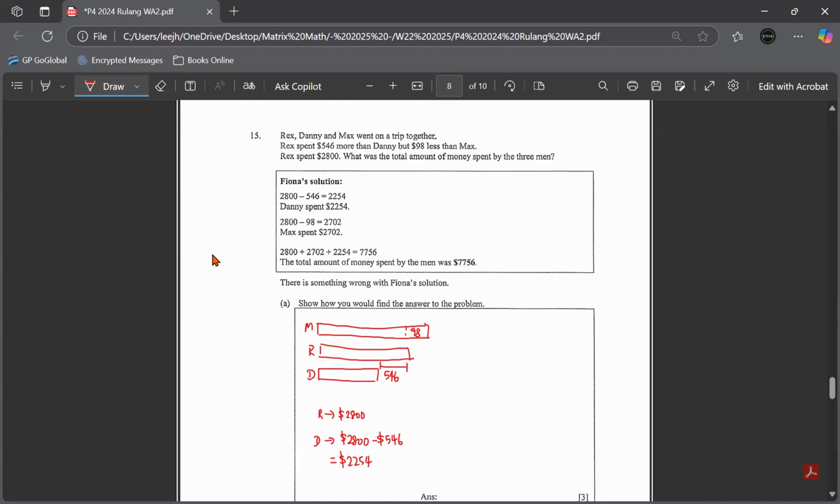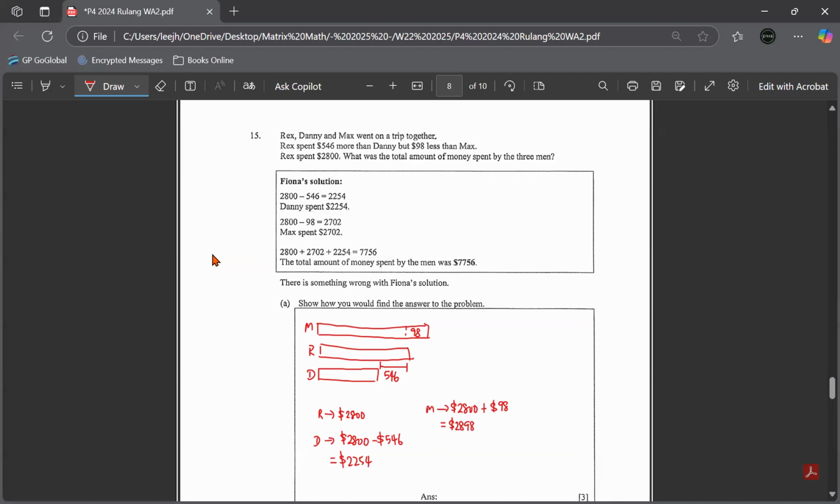Okay. Now we have to find out Max. So you know Rex spent 2800, but it is actually $98 less than Max. So that means Max cannot be lesser than Rex. It will be more than Rex by $98. So you have to take 2,800 plus $98. So Max spent 2,898.